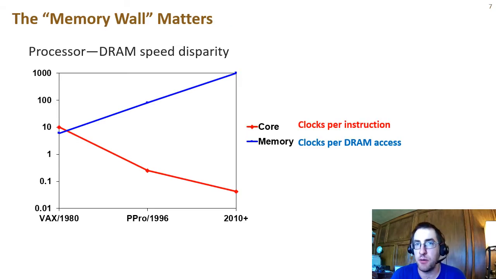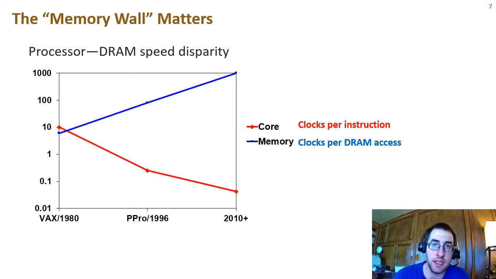So the crossing point we can see somewhere here in the early 80s, where the red line shows the CPI, the clock cycles per instruction of processing, and the blue line shows the clock cycles per memory access.